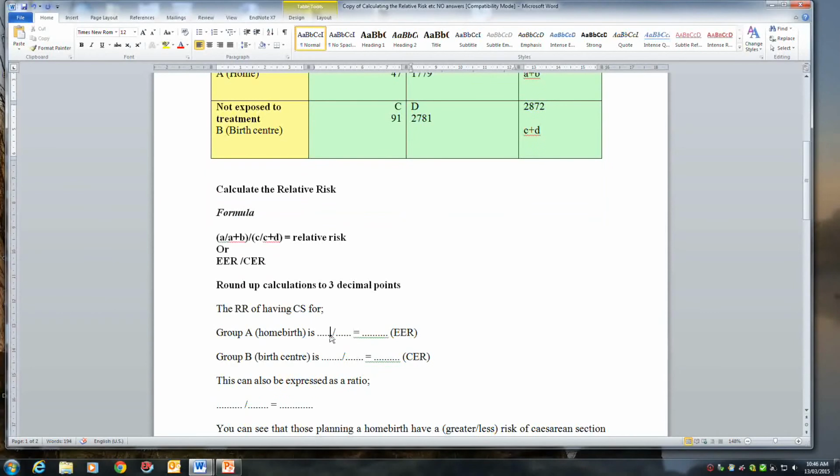So we're going here, 47, and we're dividing that by A plus B, which is the 1826. If we do that calculation, I round to about 3 decimal points, 0.026. Then the next part is this bit, C divided by C plus D. So C is 91 and C plus D is 2872.